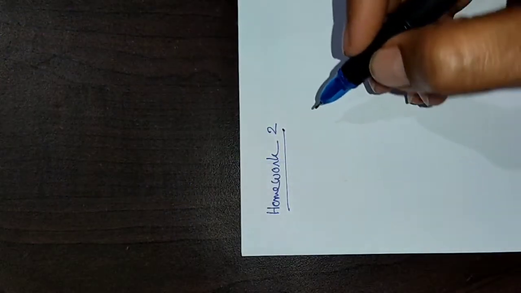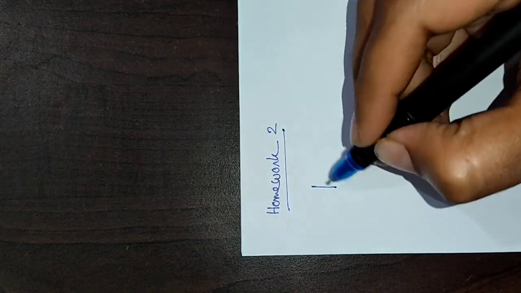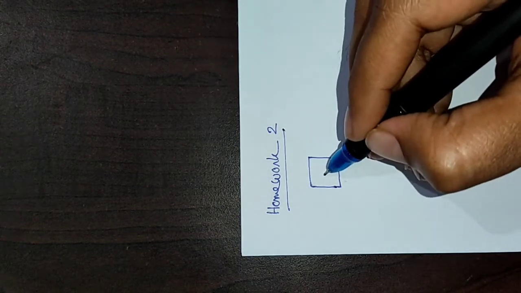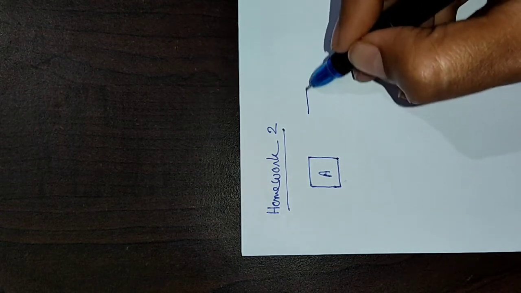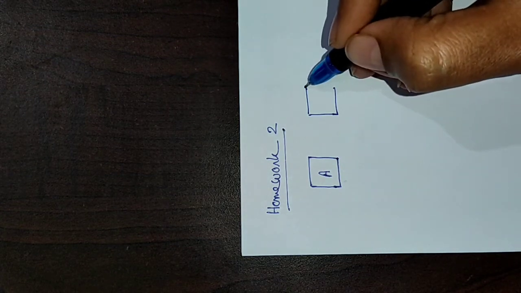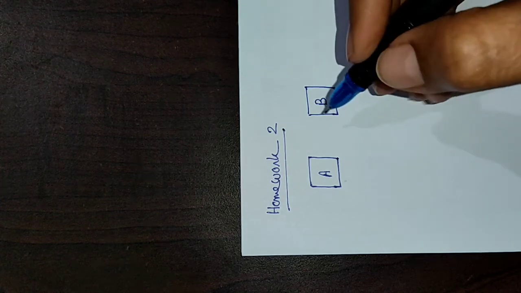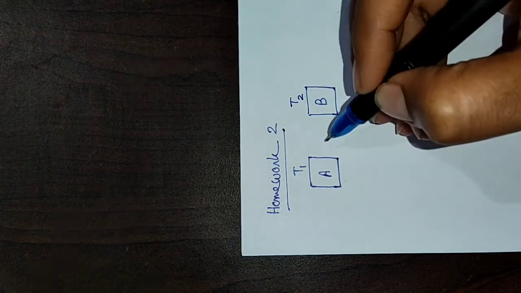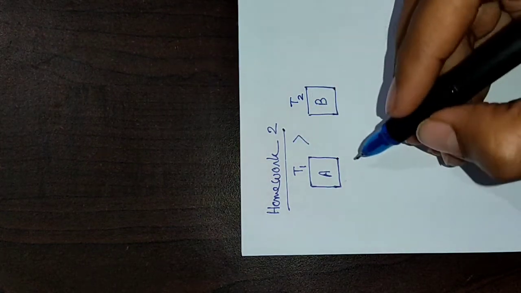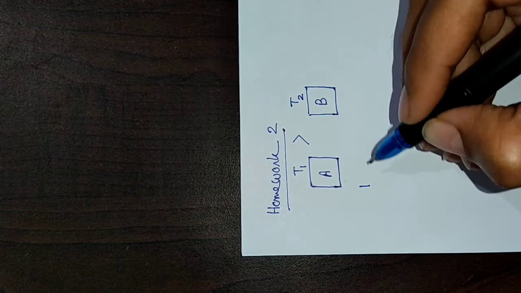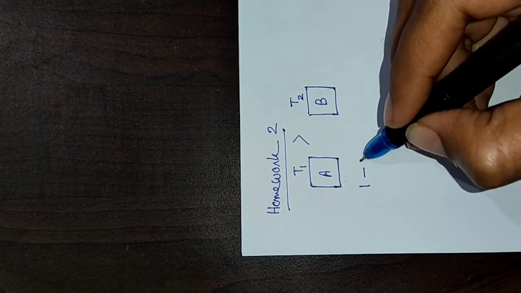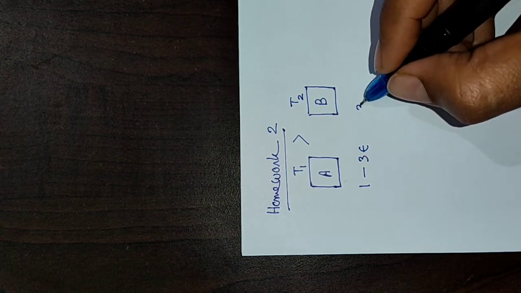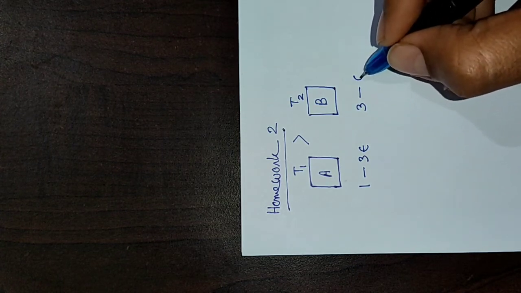The homework that was given is that we have two systems, A and B. A was at a higher temperature T1, B was the cold body, and it was having one particle having energy 3 epsilon, and system B was carrying 3 particles having energy 1 epsilon.